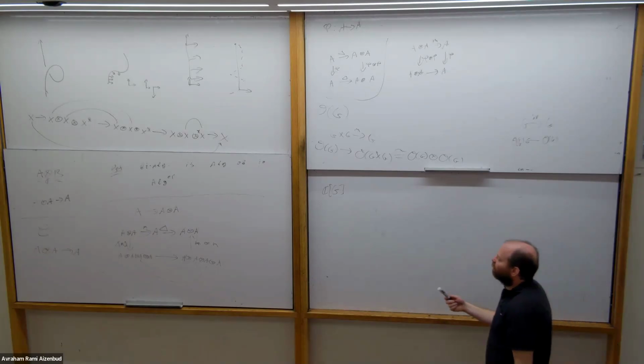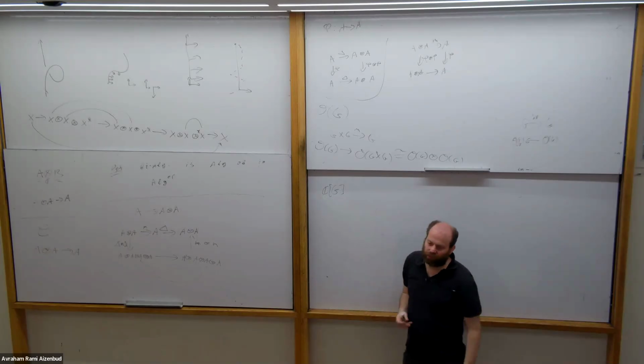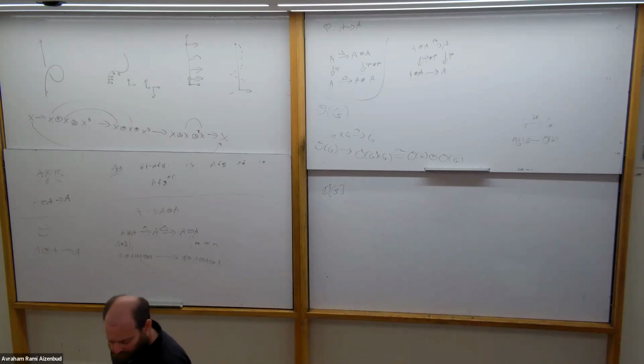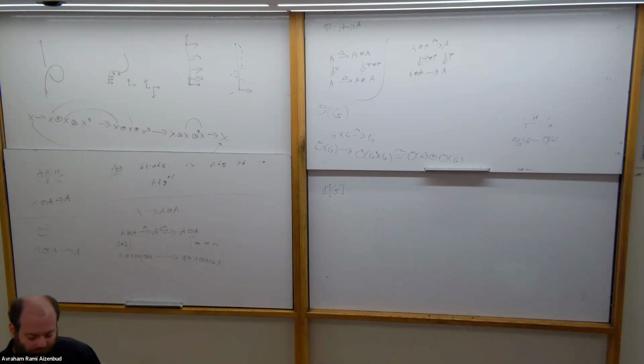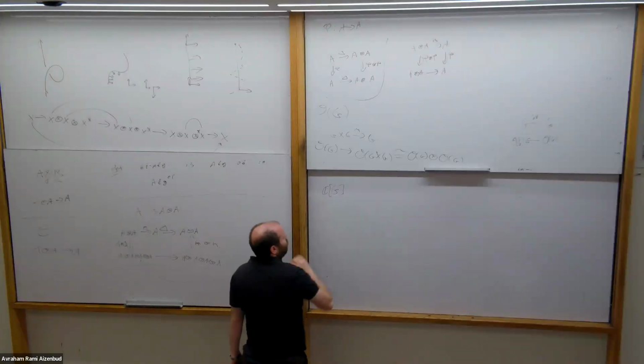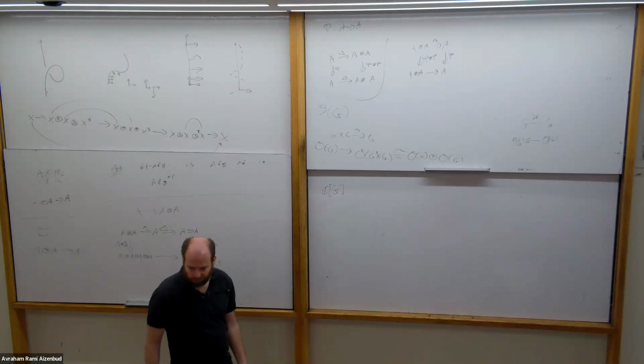But this is kind of an artifact of the finiteness of the group, because when the group is finite, you can replace algebra with coalgebra. So let's do it. Let's consider the whole algebra structure, the usual commutative one.